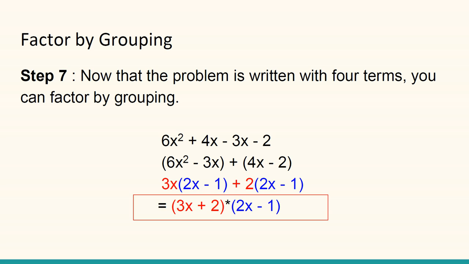After we rewrite the expression, we then look for a GCF to help us simplify the problem. We can see that if we factor out 3x from the first parentheses and 2 from the second, we can group these expressions together and arrive at our final answer, which is 3x plus 2 times 2x minus 1.